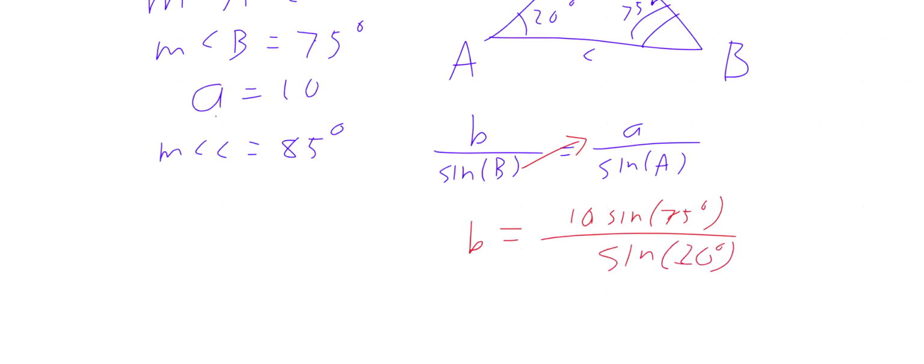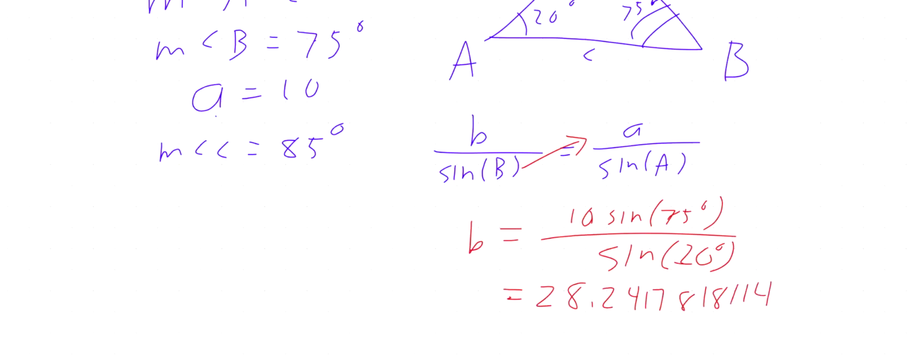Important thing to note here is you must be in degree mode on your calculator. And be careful with your parentheses. It turns out that B is roughly 28.241781114 units, whatever our units are.